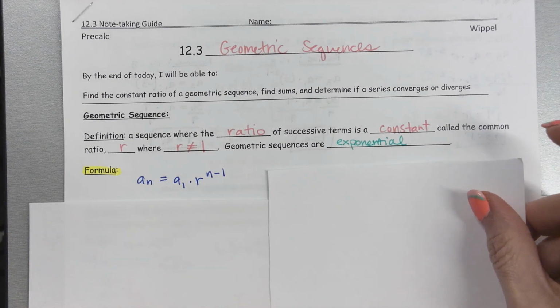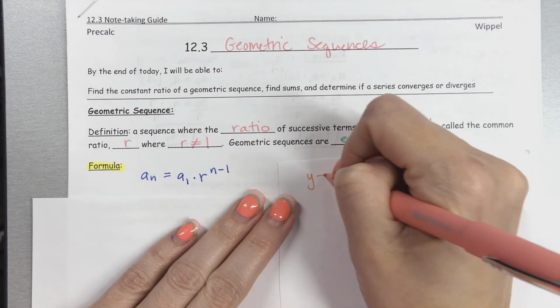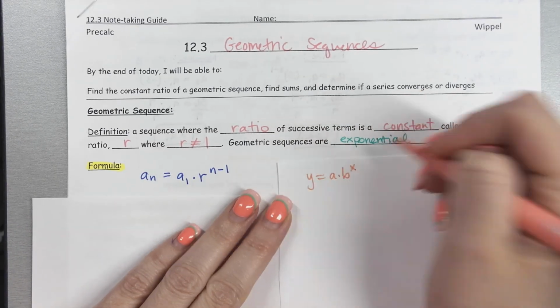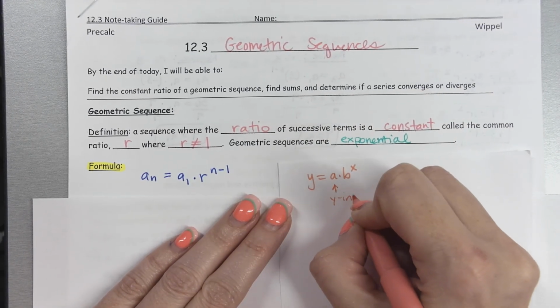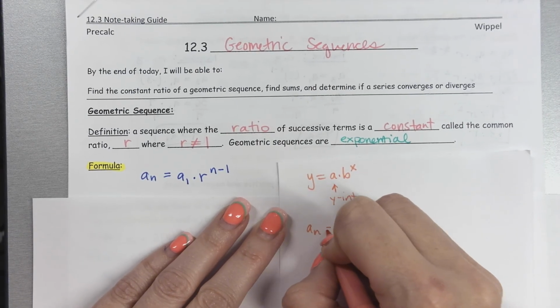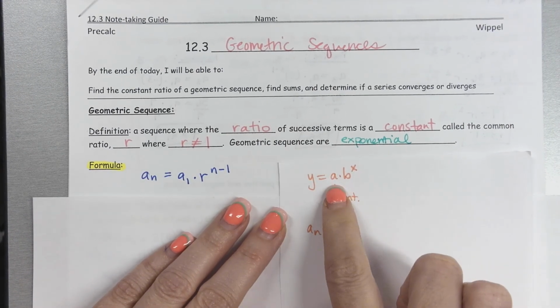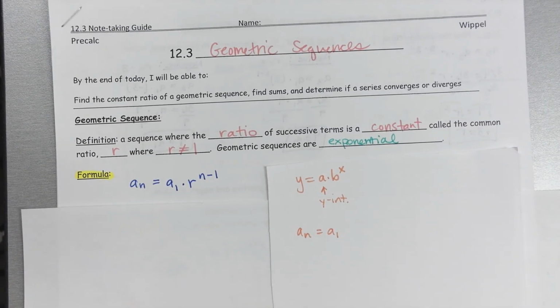Okay, and you might remember, you don't have to write this one down, but remember how we talked about y equals a times b to the x? Where a was the y-intercept. This is just another form of this, except instead of y, you have a sub n. Because it's the first term, to find the y-intercept, what would you plug in? 0, right?